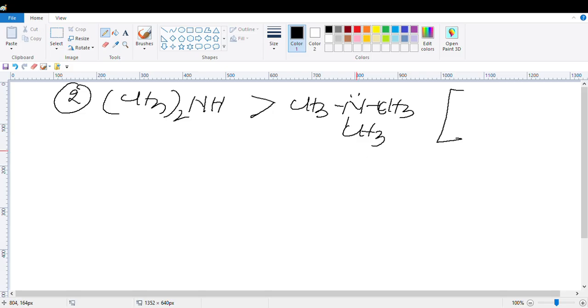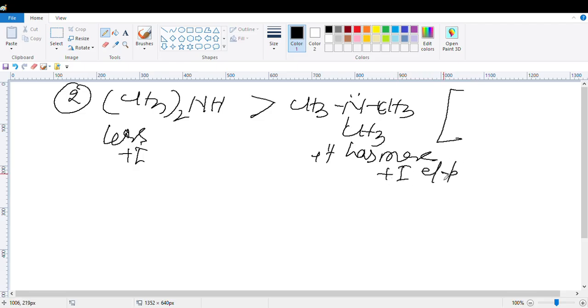While plus I effect in trimethylamine is more than dimethylamine, it has less plus I effect and it has more plus I effect. But plus I effect caused by 3 alkyl groups, plus I effect caused by 2 alkyl groups.